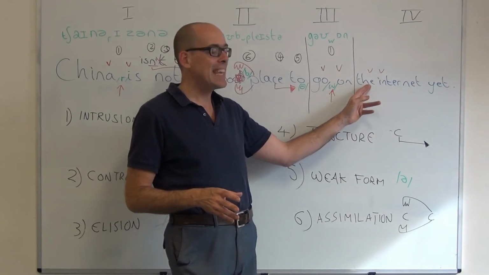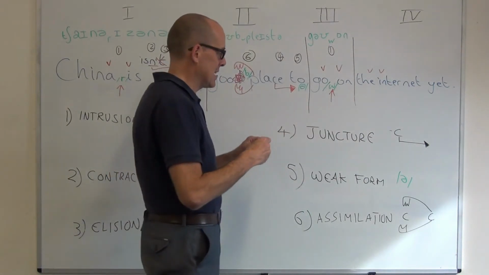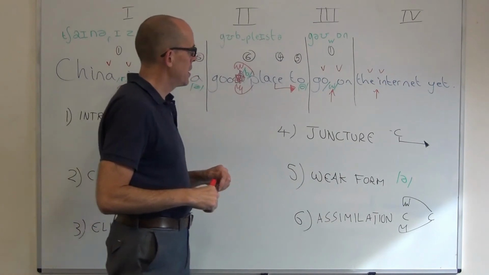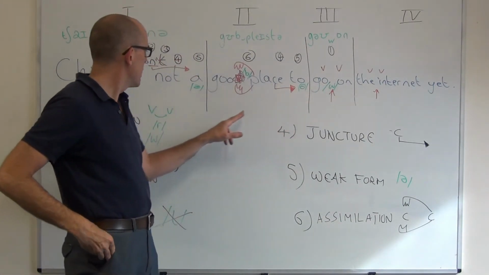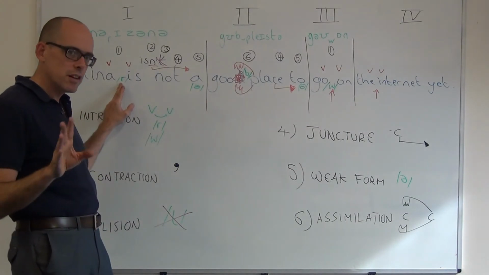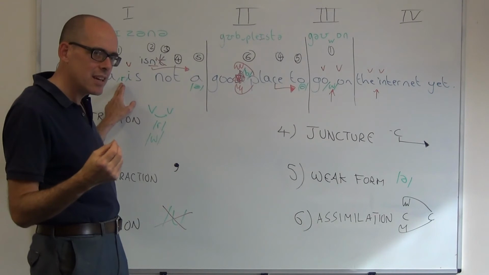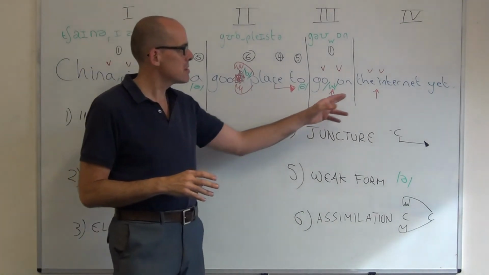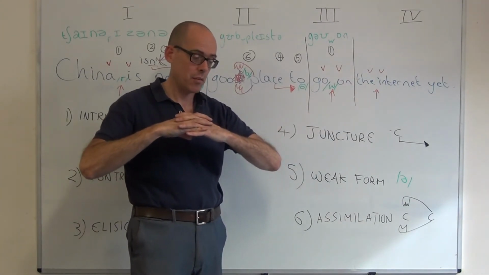Now when we connect "thee" to another vowel, we need to add an intrusive sound, but it isn't w and it isn't r. Listen carefully, try to hear the third intrusive sound. What sound do I add to connect "the" with "internet"?